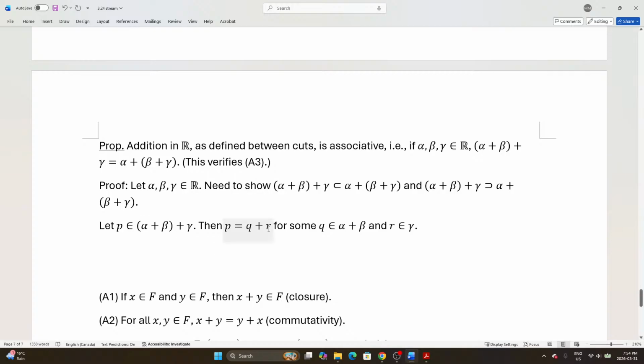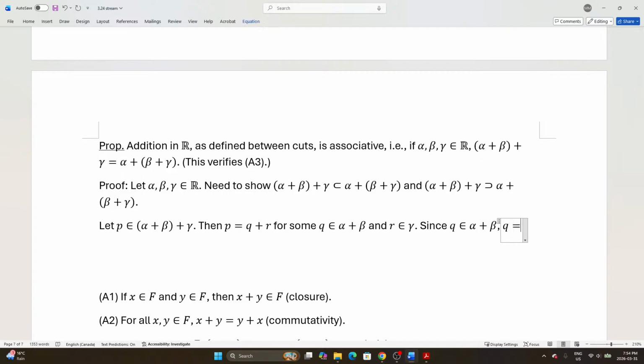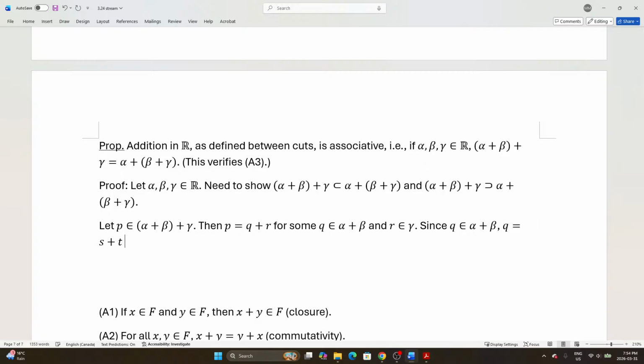Okay, so since Q is in alpha plus beta, Q is equal to S plus T for some S in alpha and T in beta.